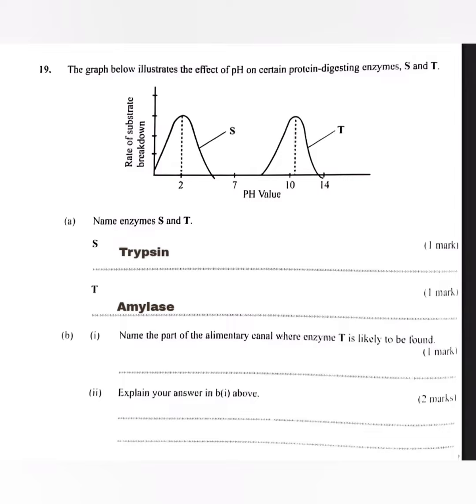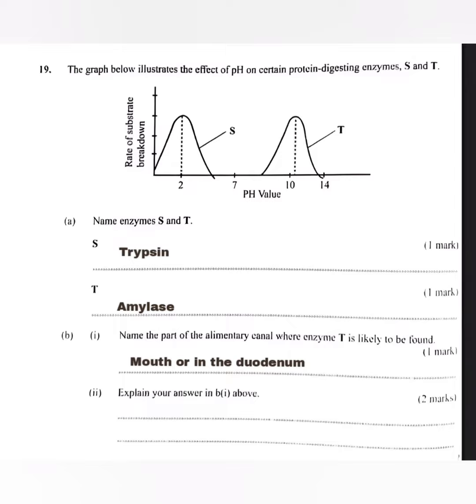I'm going to say it is likely to be found in the mouth or duodenum because those areas are alkaline. Then the last one is saying, explain your answer in B.